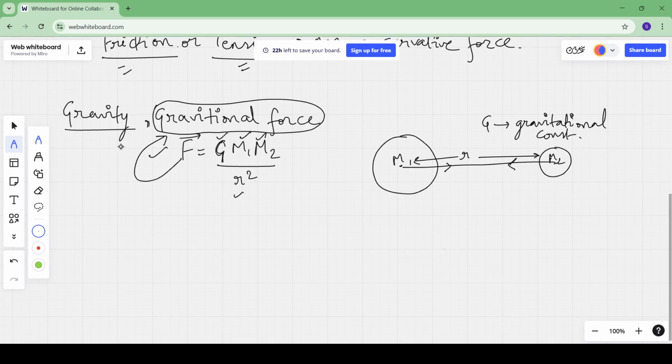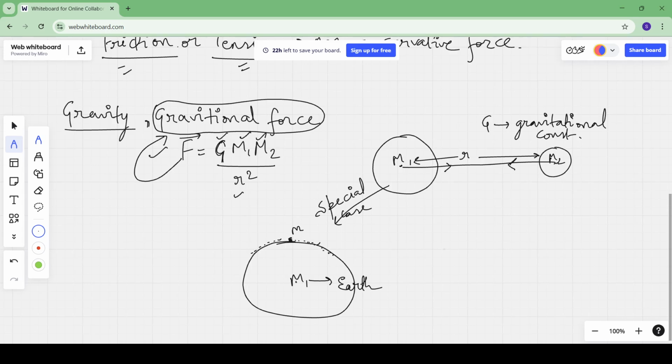So what about gravity? It is a special case of this. What is that special case? Keeping the mass m1 as Earth. If I am on Earth, and there are a lot of objects on Earth, like every one of us, I also have some mass small m.